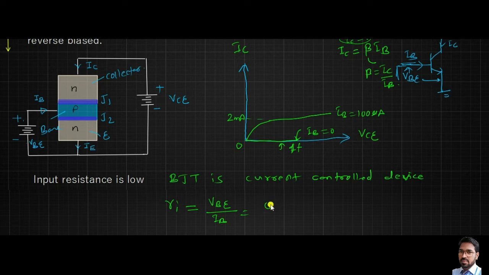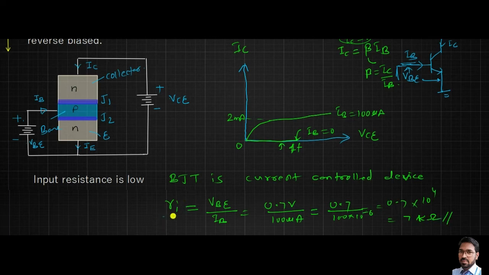Suppose it requires 0.7 volt to turn on the device if it is a silicon device, and if I consider 100 microampere base current, it will be 0.7 divided by 100 times 10 power minus 6, so it will be around 10 raised to 4, so it is around 7 kilo ohm.